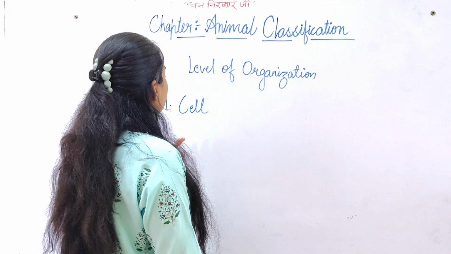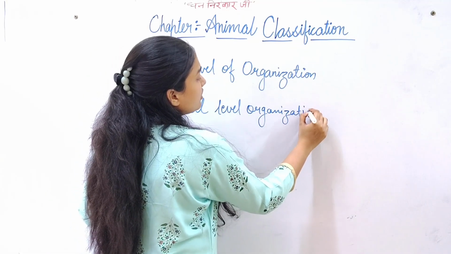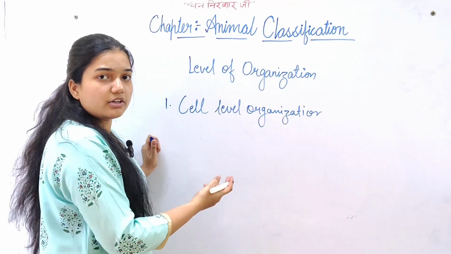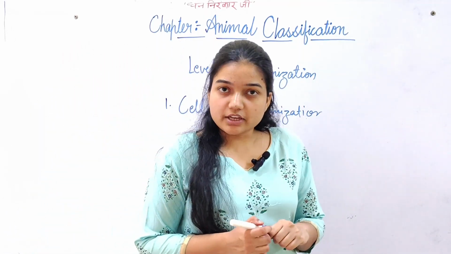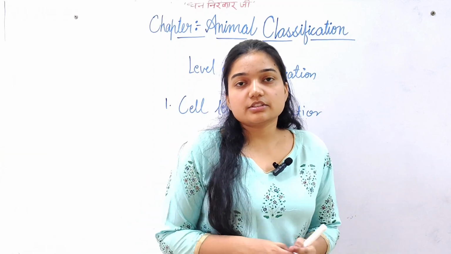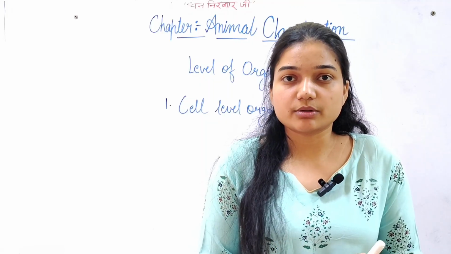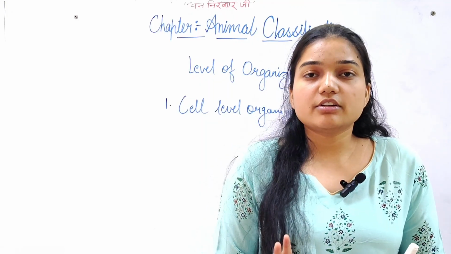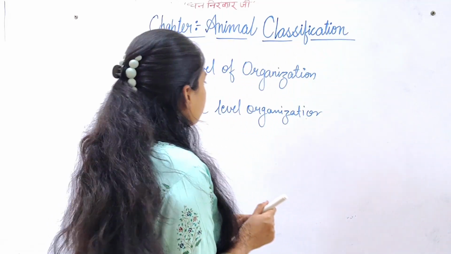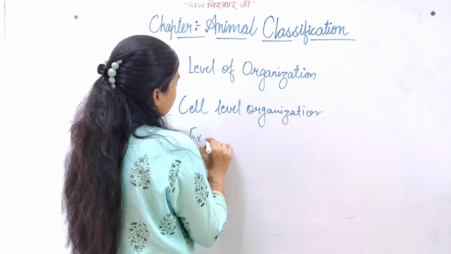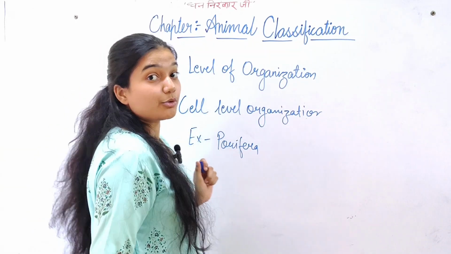First we learn the cellular level organization. In the cellular level organization, the cells of the animal aggregate and form the multicellular body. The animals that come under this are poriferans, Porifera, which are also known as sponges.